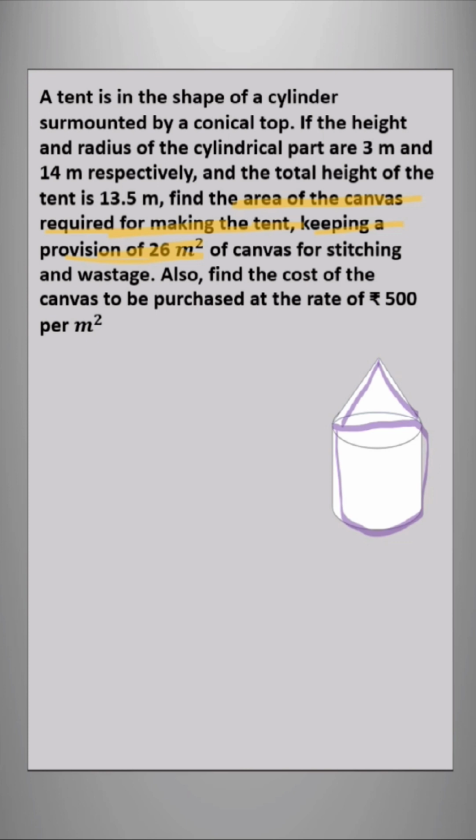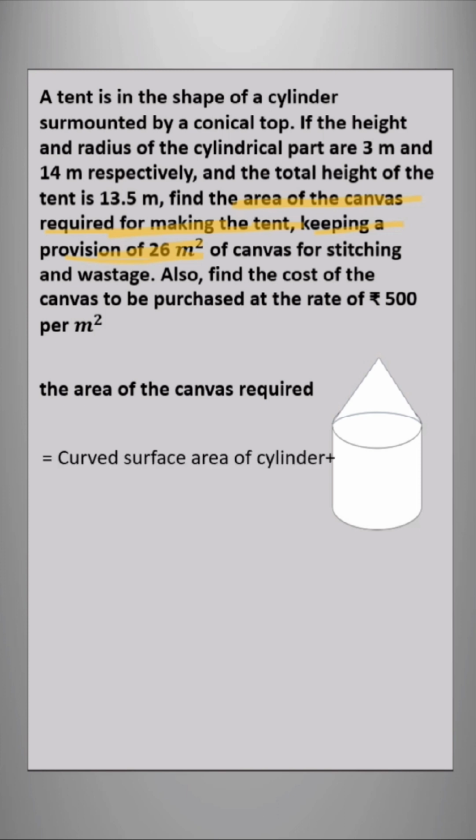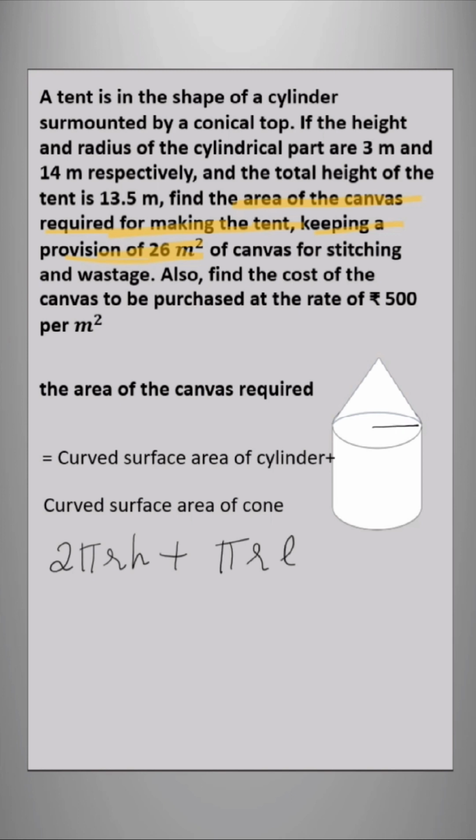We know that curved surface area of the cylinder is 2 pi r h, and curved surface area of the cone is pi r l. Radius is common for both cylinder and cone, which is 14 meter. Now we can take pi r common to make the problem easier: pi r into 2 h plus l.